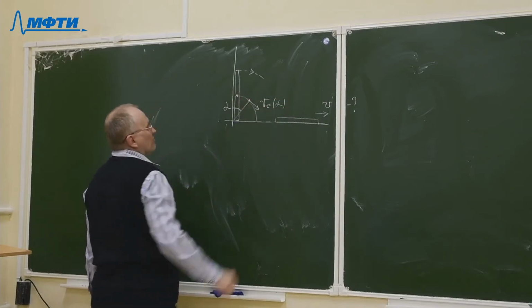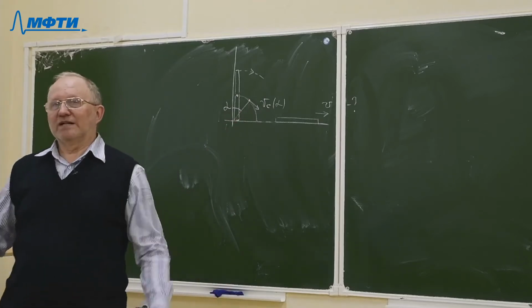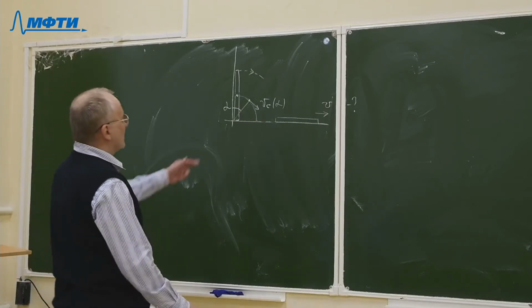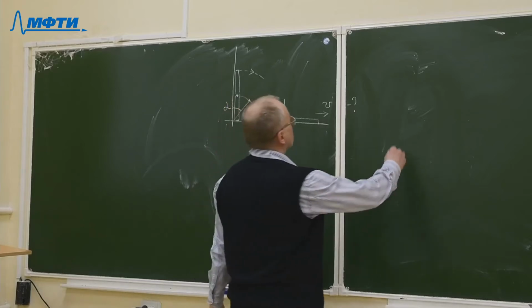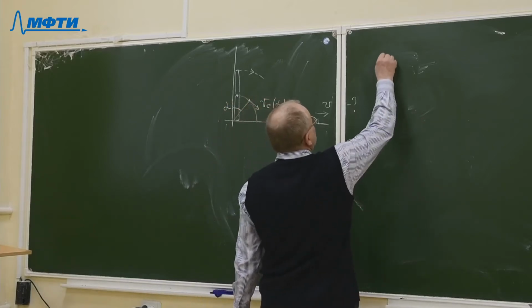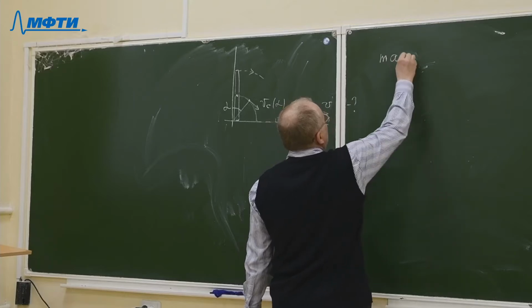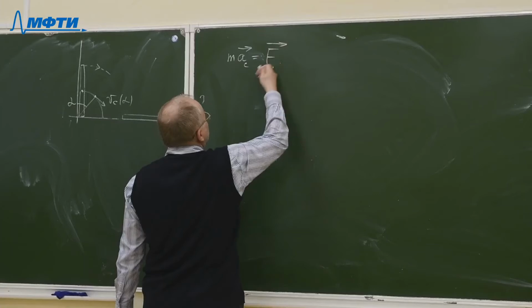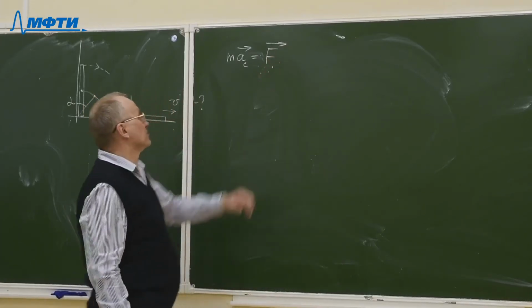The motion of the center of mass is described and governed by a well-known law of physics, the law of motion of the center of mass. What is this law? It looks like Newton's second law. Total mass of the body times acceleration of the center of mass equals total force, the net force acting on the body. That is the vector sum of all forces acting on the body.